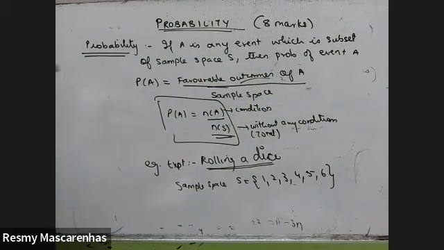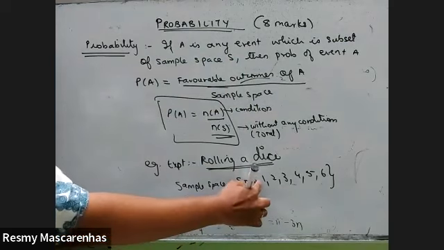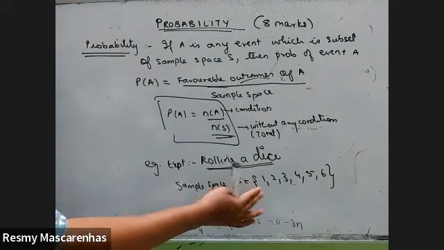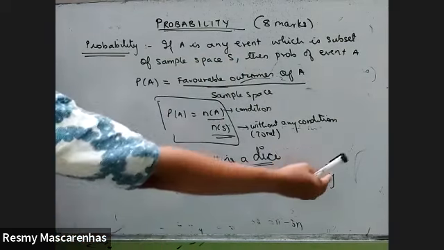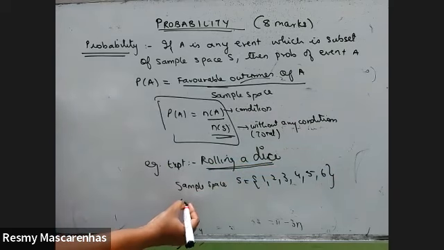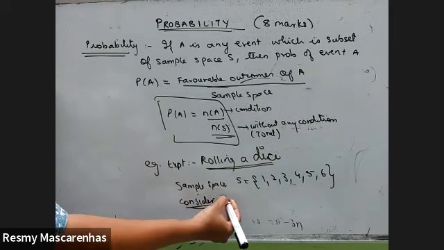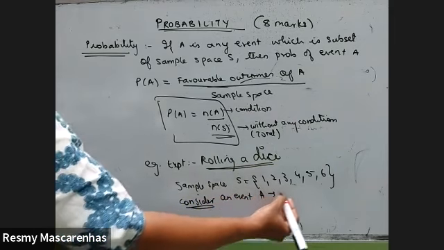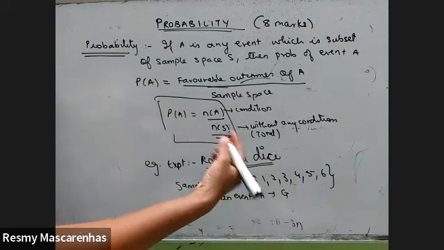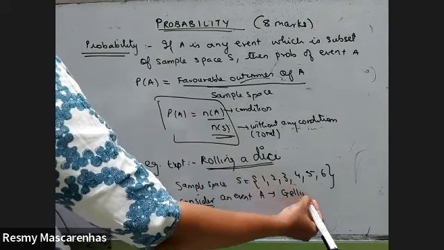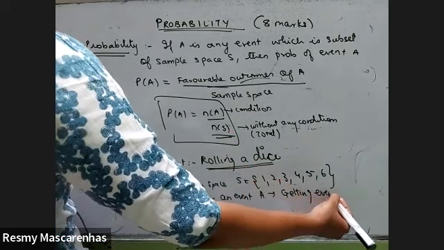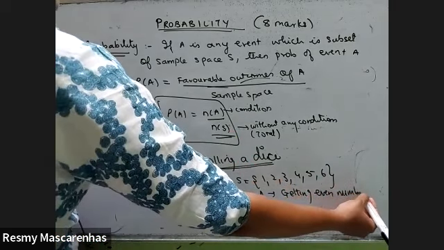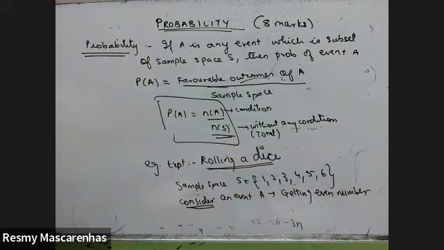Now I am creating an event. The sample space I don't have to create; it is by default. The moment you roll a die, these are the possible outcomes. Now I'm just assuming an event A: I want to calculate the chances of getting an even number. Now A is a condition.